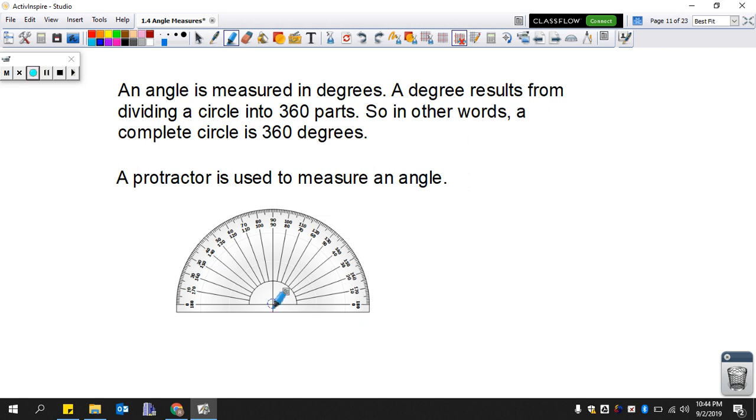The important part of a protractor is this point right here in the middle, where your two baselines cross with the line that goes up through 90 degrees, which we'll find out later is considered a right angle.